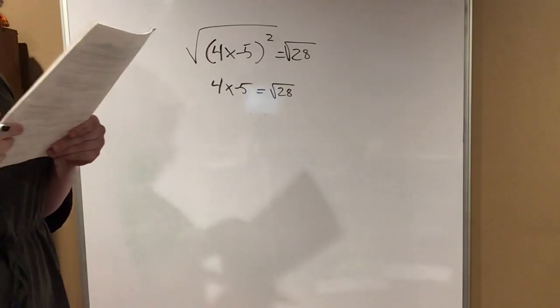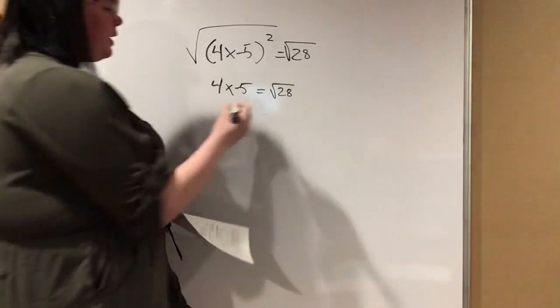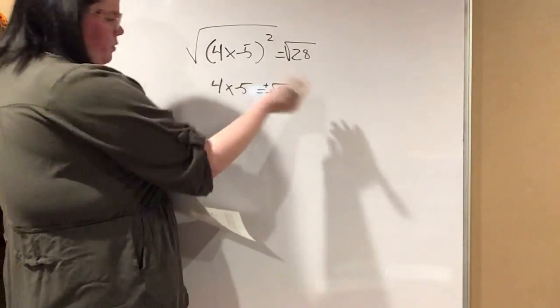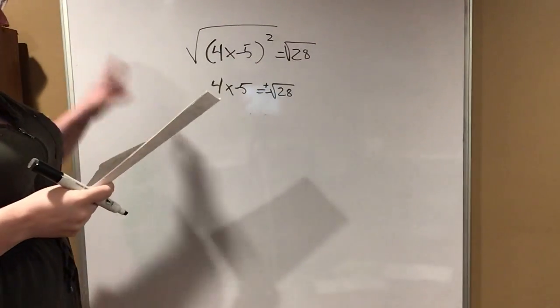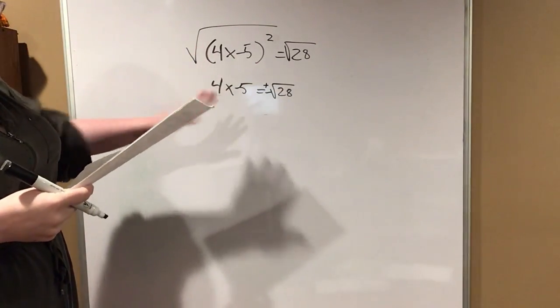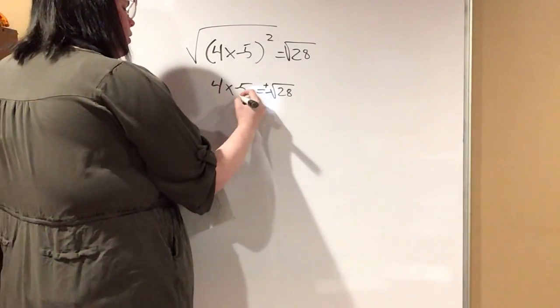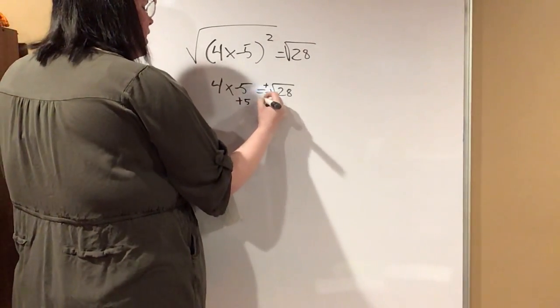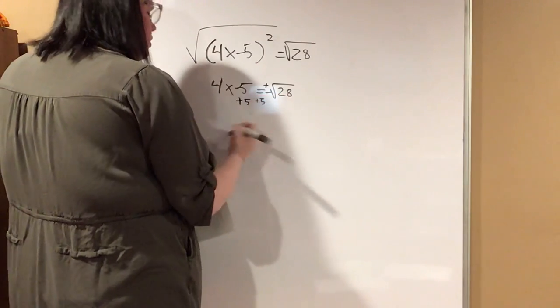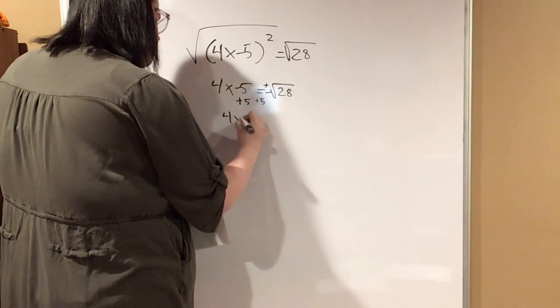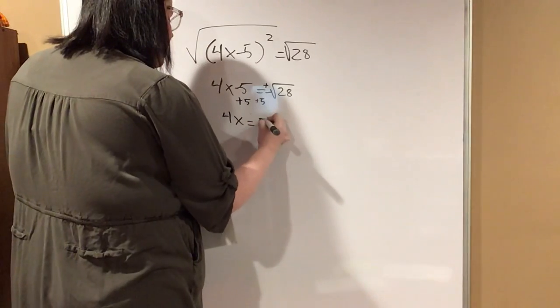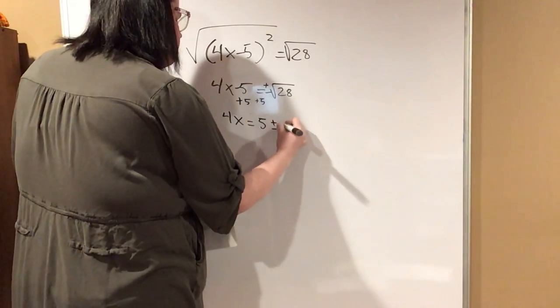Well, we know that it's equaling the positive and the negative square root of 28. But now we need to get rid of everything and make sure we're solving for x. So I'm going to add my 5, but I can't add it to this guy. So it actually looks like this: 4x equals 5 plus or minus the square root of 28.